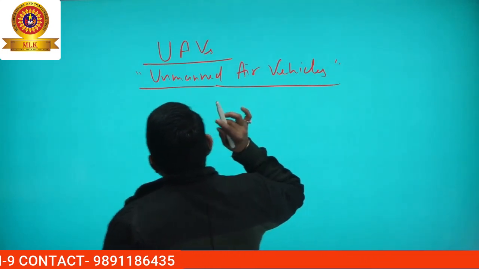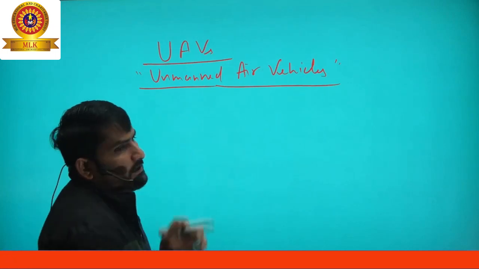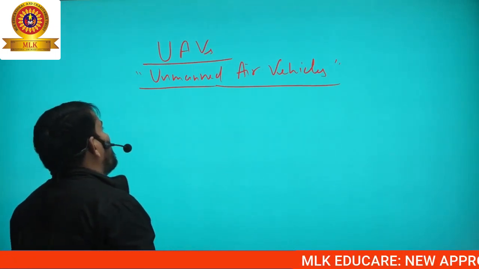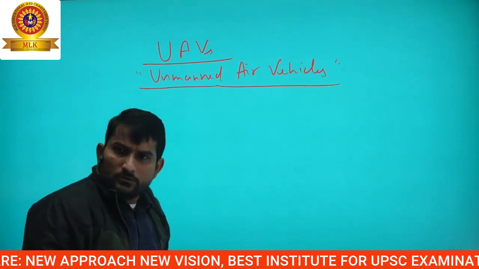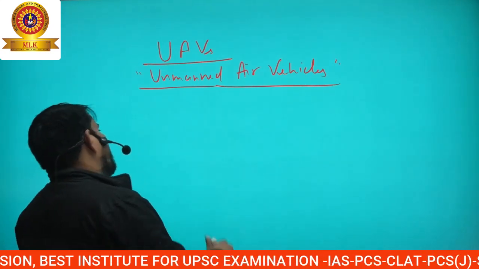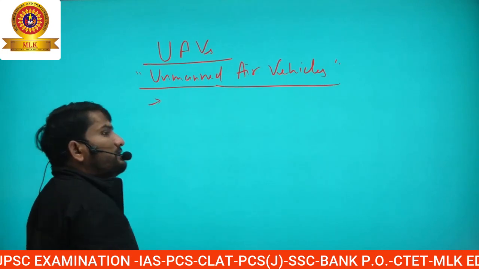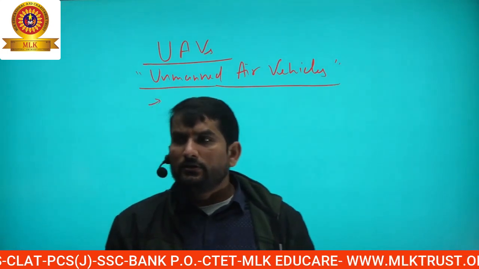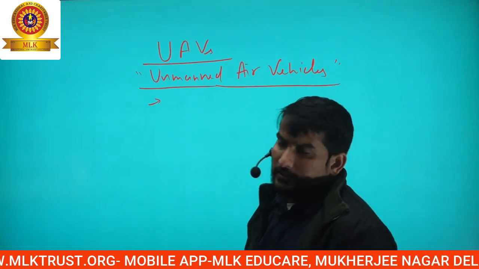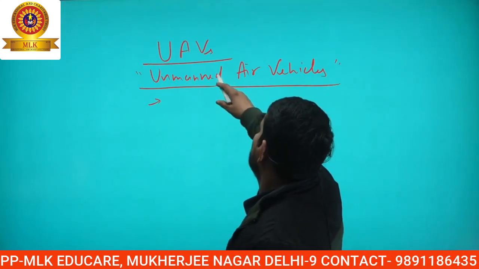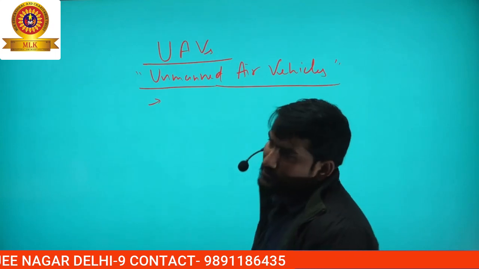and can fly and also enter enemy territory without any human support. We are just giving the command from the command center or control center, and it can travel automatically to another territory.